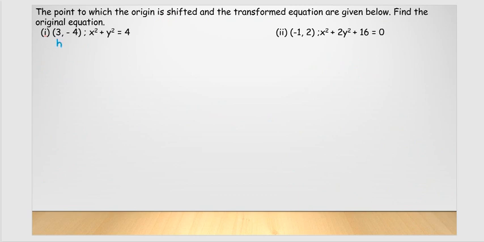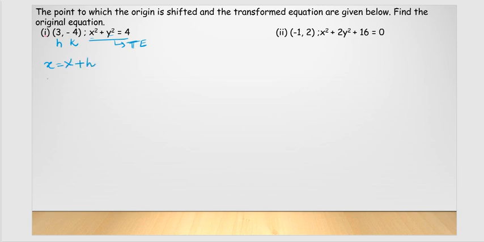So this is h comma k, right? And this is nothing but my transformed equation. Transformed equation means these are nothing but capital X and capital Y. So from this we already know the formula, small x is equal to capital X plus h.